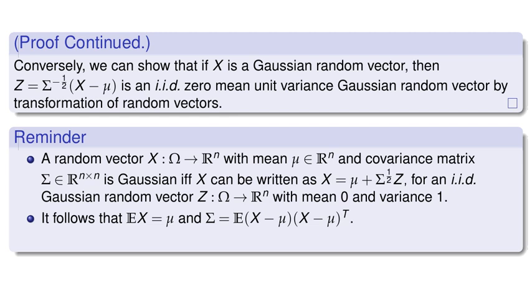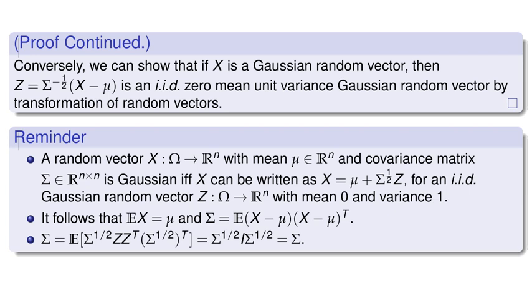From this representation x equals mu plus sigma to the 1/2 z, it follows directly that the expectation of x is mu, since the expectation of z is 0. Also the covariance matrix, the expectation of x minus mu times x minus mu transpose, becomes the expectation of sigma to the 1/2 z times z transpose sigma to the 1/2 transpose.